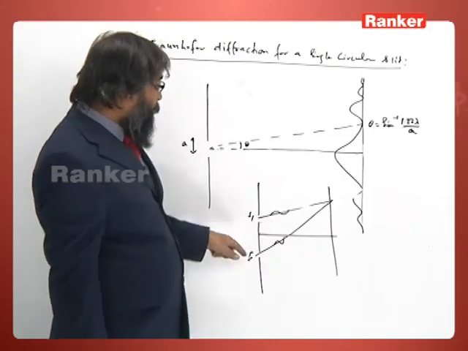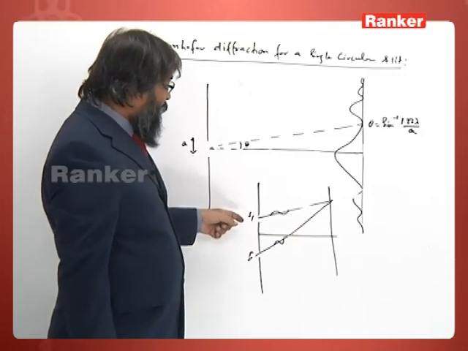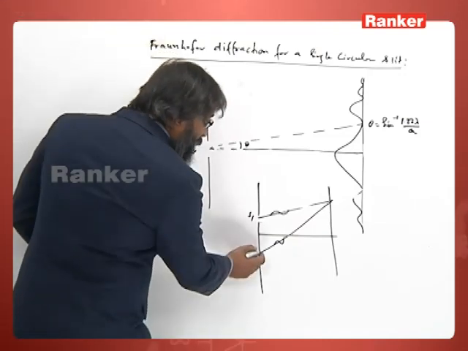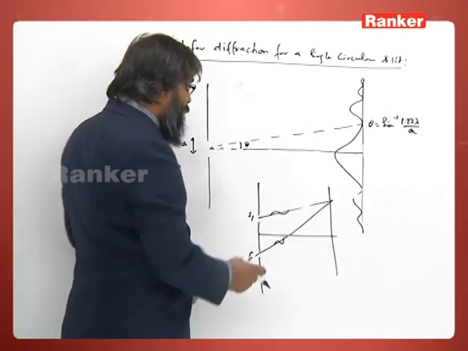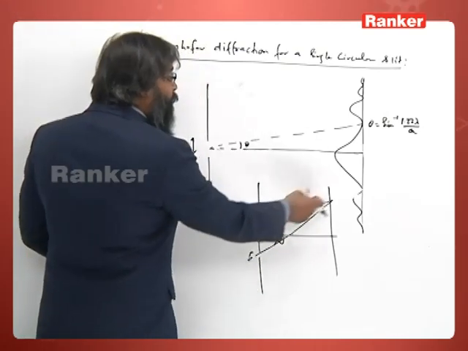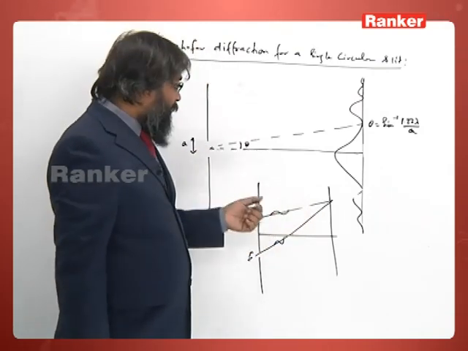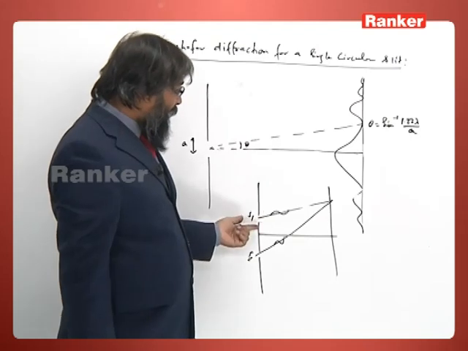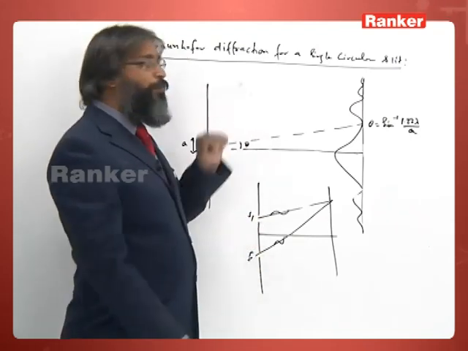If we are more precise in our treatment, we can say that if these are circular openings, there is a superposition of two Airy patterns. If these are rectangular openings, then it is a superposition of the diffraction patterns due to rectangular slits. That means interference is the superposition of two diffraction patterns.